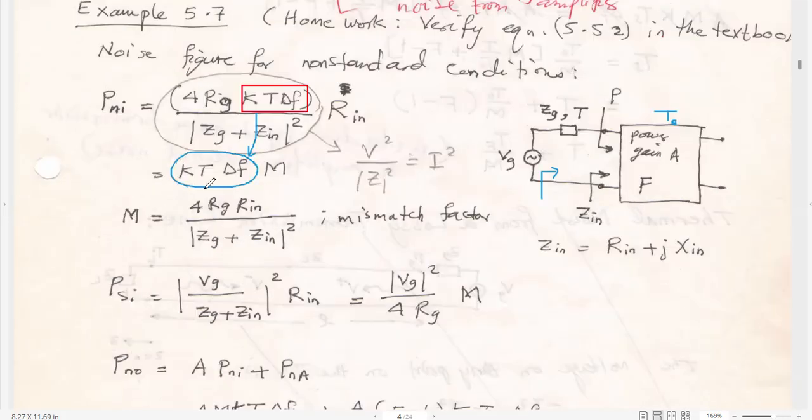Instead of the input noise power, we put the input signal power times the mismatch factor. Input signal power is Vg squared over 4 Rg, because the voltage here is Vg over 2, and you square it, it will be Vg squared over 4, and you divide by the impedance. Oh, sorry, it is the current squared times R input.